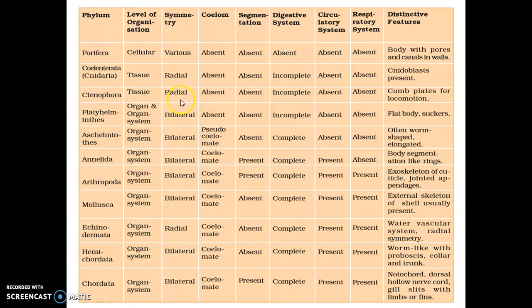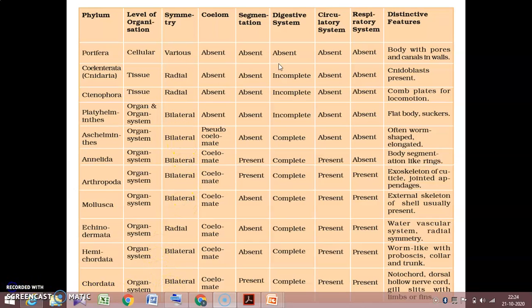And here also we can see in lower organisms, they possess radial symmetry. But when complexity increases, they bear bilateral symmetry. Then presence of coelom, the lower organisms are acoelomate without body cavity. Then aschelminthes, they are pseudocoelomate having a false body cavity. Remaining organisms up to chordates possess a body cavity.